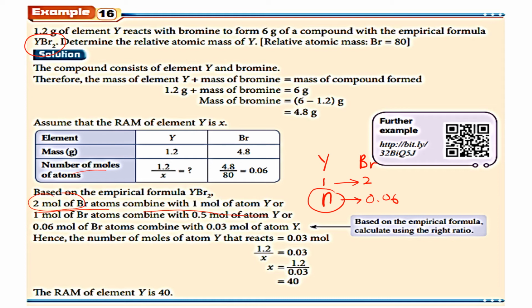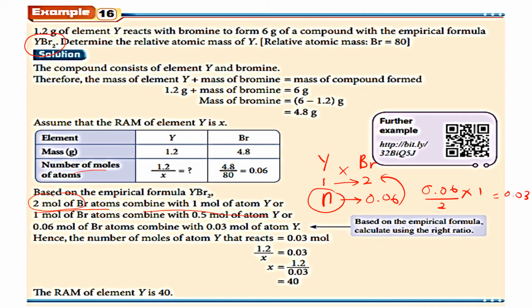By proportion in simple maths, N is 0.06 divided by 2 and times 1. That's how you do it: divide by 2 and then times 1. After the calculation, the number of moles for Y is 0.03.